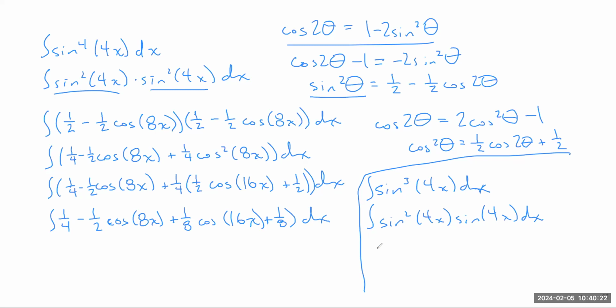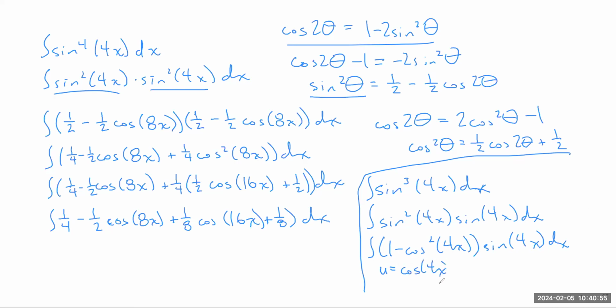Cosine squared. I would do that because, well, let's talk about why. So this is 1 minus cosine squared of 4x, right? What does that substitution allow us to do? What should we have for our u for our substitution?